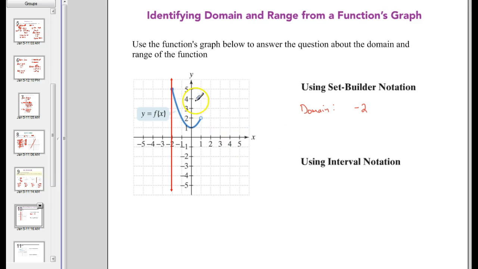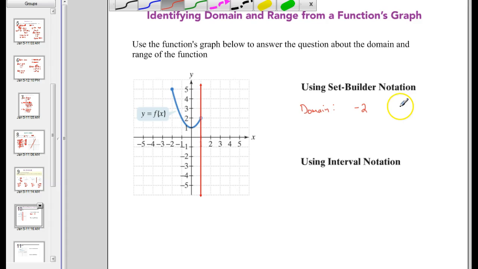Now, we keep going. We keep hitting the graph, we keep hitting the graph, and then finally we stop hitting the graph right there. If I move any further, there's no more graph. So remember, domains are x coordinates. So positive 1 is where this stops. Now, what do I do with those two numbers? In set builder notation, I do one thing. With interval notation, I do something different.